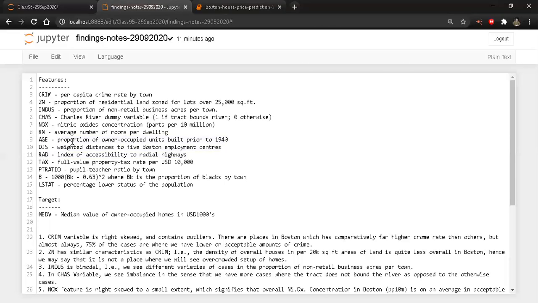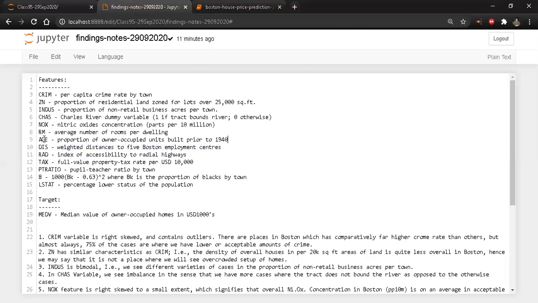The age being higher means you have a lower distance, right? That's how you can read it. It means the houses closer to the employment centers were built approximately near the year 1940.